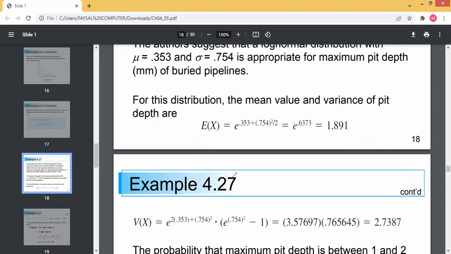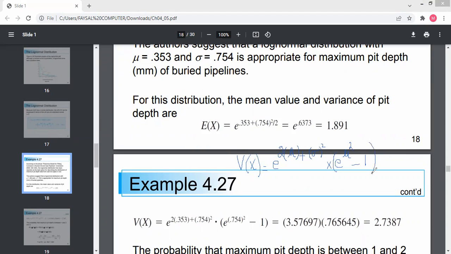My V of X will be equal to e power (2 multiplied by mu plus sigma squared) multiplied by (e power sigma squared minus 1).